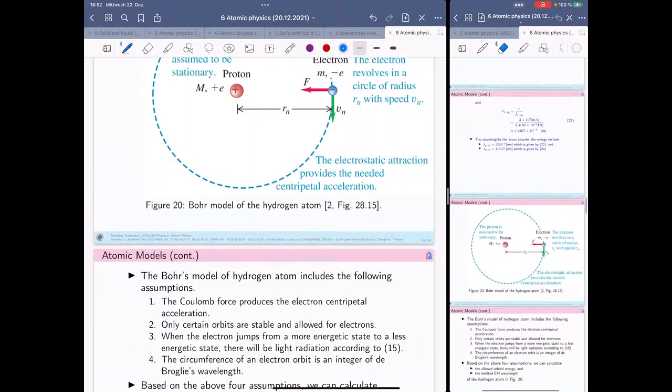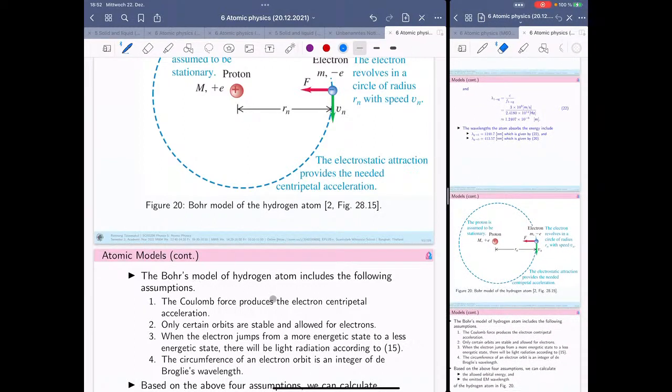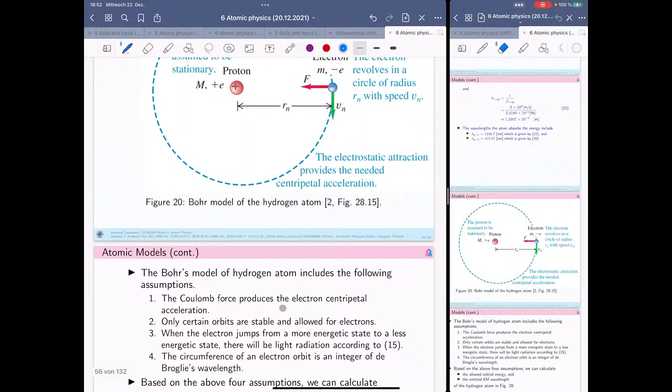The Bohr model of the hydrogen atom includes the following assumptions. First, the Coulomb force produces the electron's centripetal acceleration. The Coulomb force means the attractive force between this proton and this electron, F equals k q1 q2 divided by r squared, where r is the distance between those two charges. Second, only certain orbits are stable and allowed for electrons.